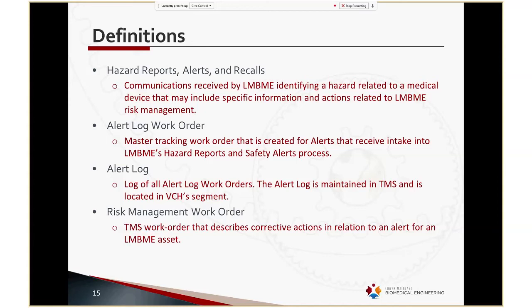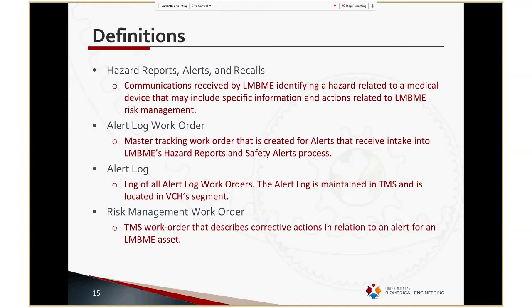An alert log work order is a master tracking work order that is created for alerts that receive intake into our process. Within TMS, all alert log work orders are created in VCH's segment. They're work orders which track the alerts, but they don't have any time or action attached to them.